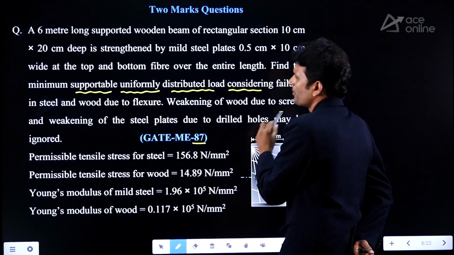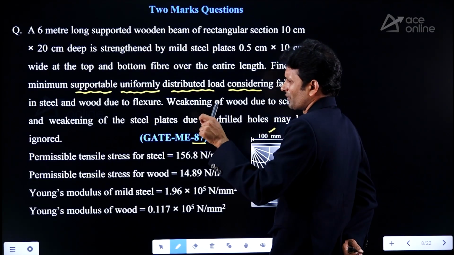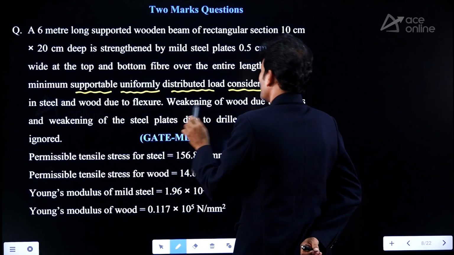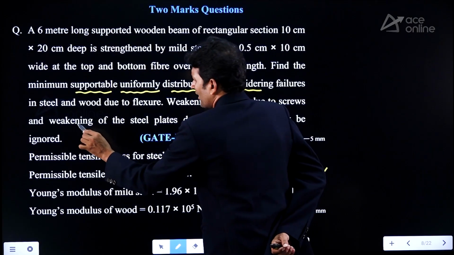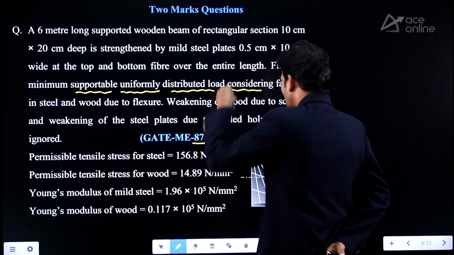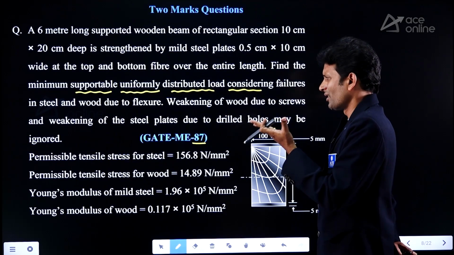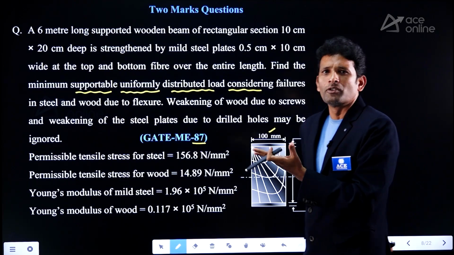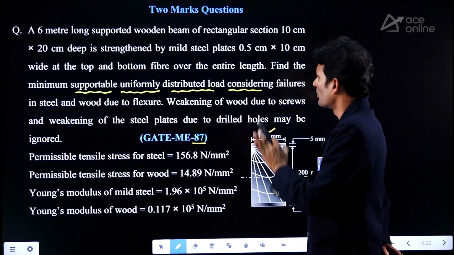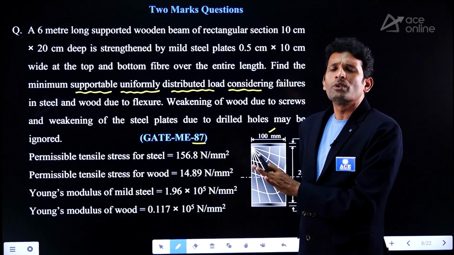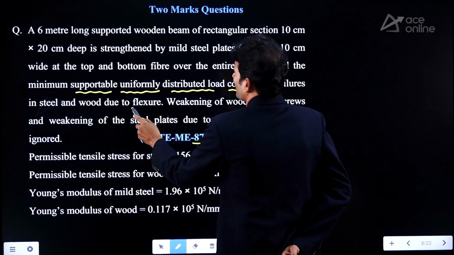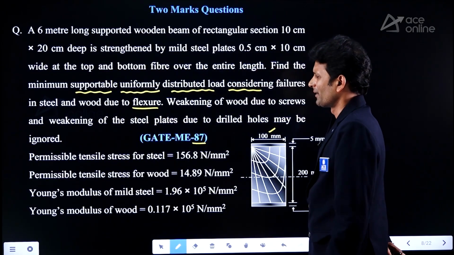When we are doing the flitchment, whatever the screws we are having, that effect you don't consider, and weakening of the steel plates due to the drilling of the holes also. Because of holes, the strength of the steel plate is going to be weak. You don't consider that. Only failure you can estimate because of flexure condition only, that is bending condition only.